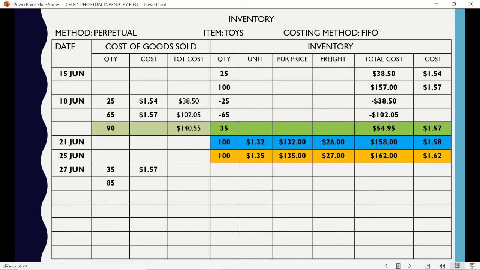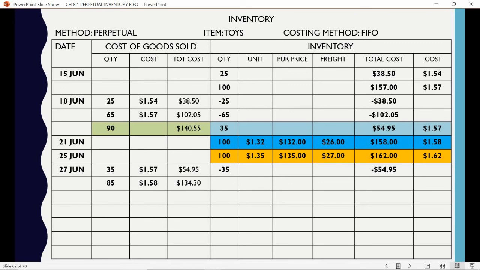So I take out my green batch, and now I need to solve for what my blue batch is going to give me, because I need to get to a total of 120 units.